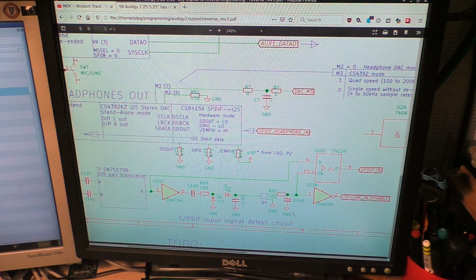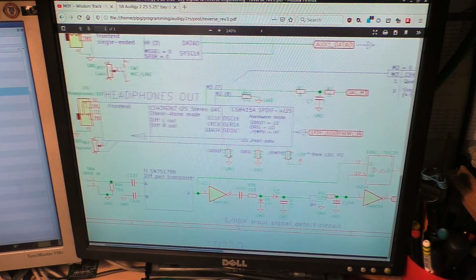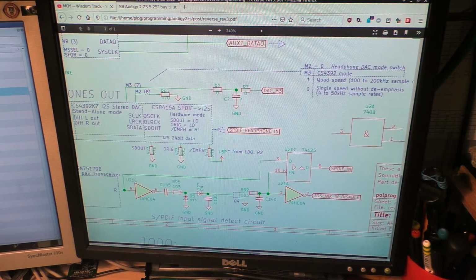This circuit detects whether there is a SPDIF input connected. When there is a signal on the copper SPDIF line, the TOSLINK in disable signal goes high, and this buffer is enabled to connect the SPDIF input to the SPDIF in signal. And when there is no such signal over here, then this transistor stops conducting, and TOSLINK in disable goes down. This enable, which is a negated input, goes up.